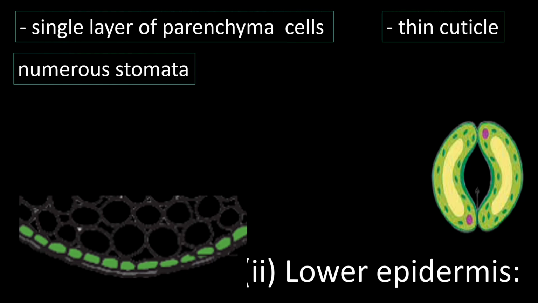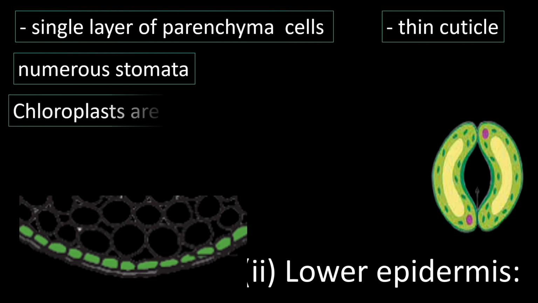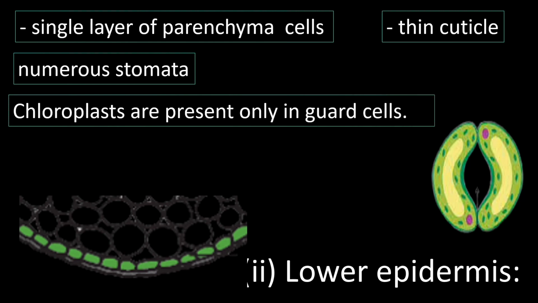Guard cells have chloroplasts. What are guard cells? Guard cells are cells found on the stomata. All other cells of epidermis do not have chloroplast. Chloroplasts are present only in guard cells.